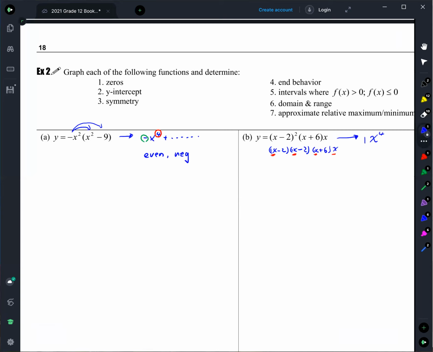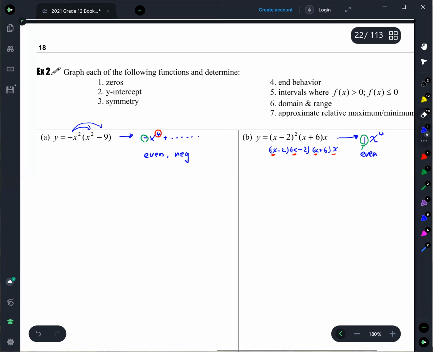You multiply all the x terms together, so it will be even, and positive or negative? Positive. This number is positive, so it will be even positive. The 1 tells you it's positive. The 4 tells you it's even.